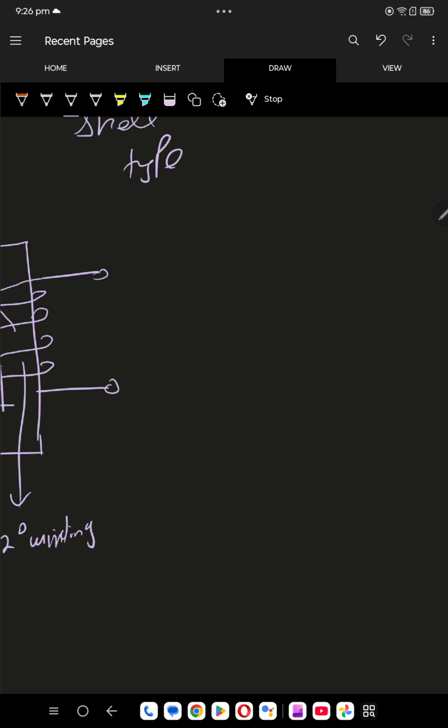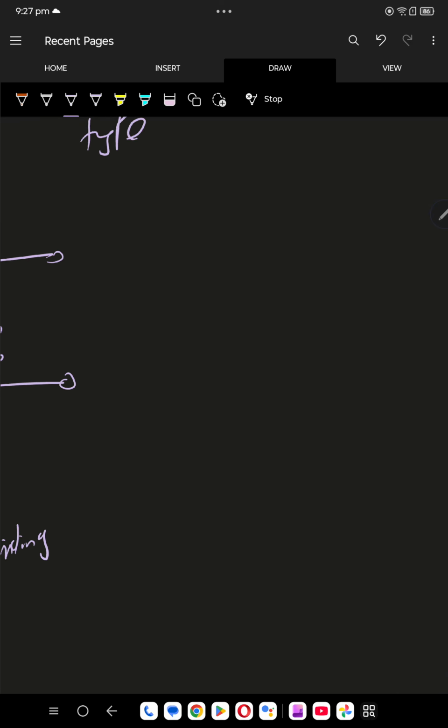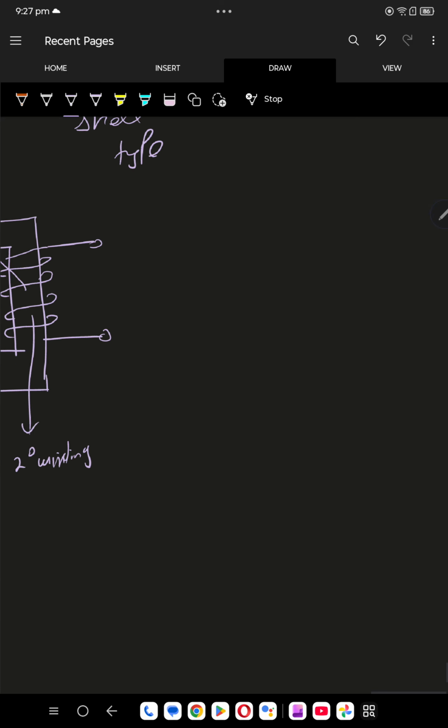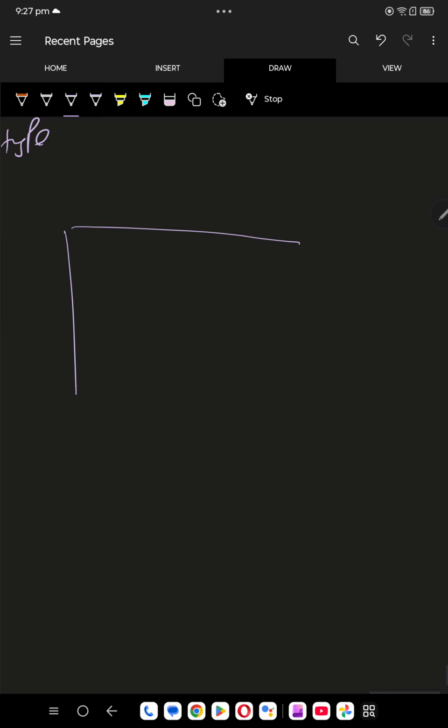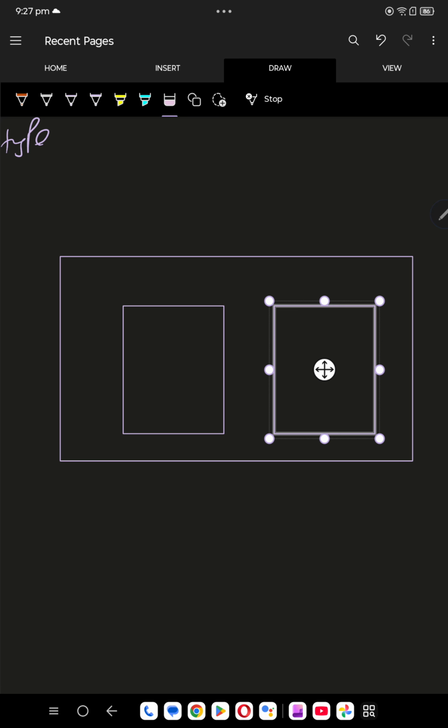Okay, now coming to the shell type. Okay, so this is the shell type.